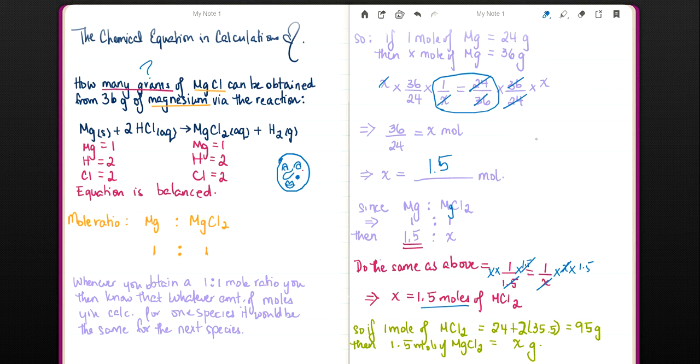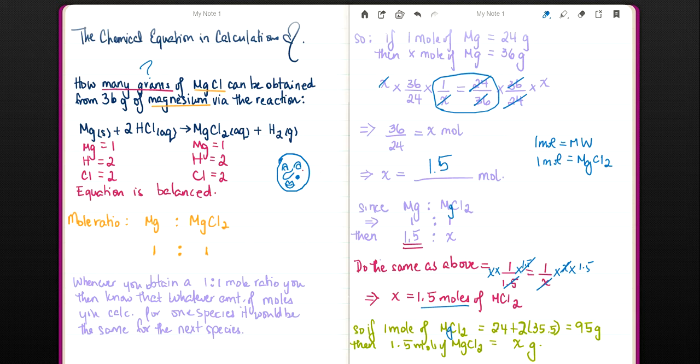And we know that 1 mole is equal to the molecular weight of whatever it is you're dealing with. So therefore 1 mole is equal to the molecular weight of the magnesium chloride, right? So if that's the case, then all you have to do is find the molecular weight.